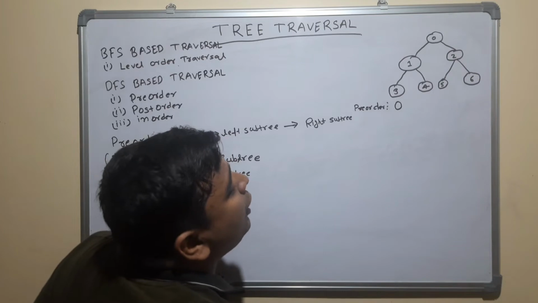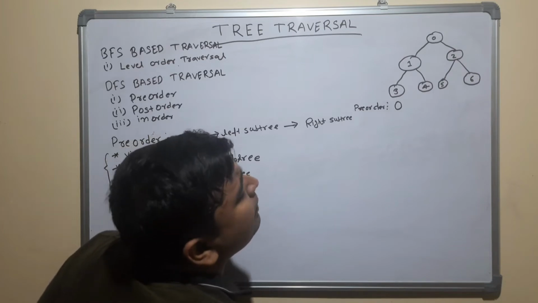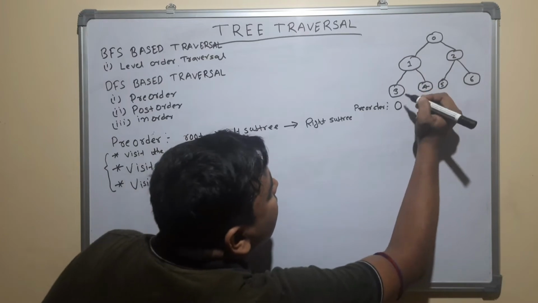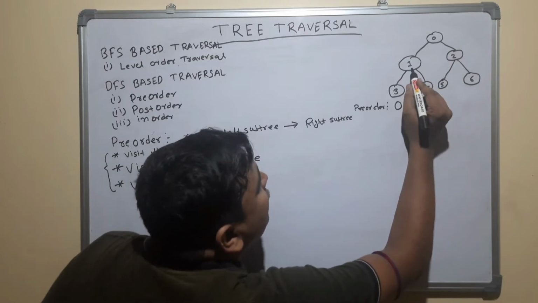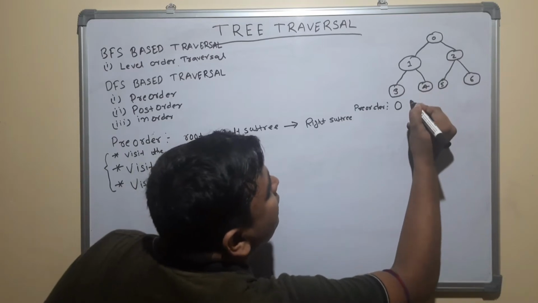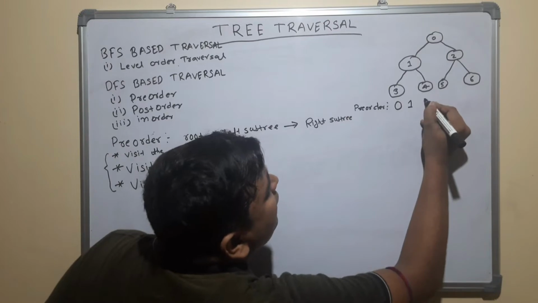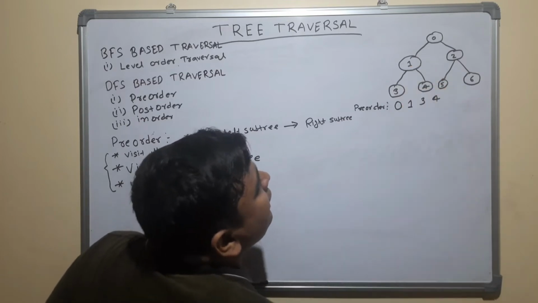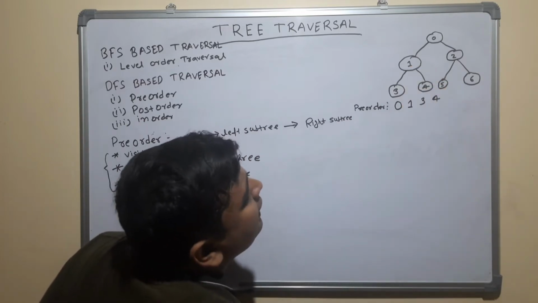How will we process the left subtree? In the left subtree we process the same way: root, left, right. So we print 1, the root, then left 3, then 4. Now the left subtree has been processed.